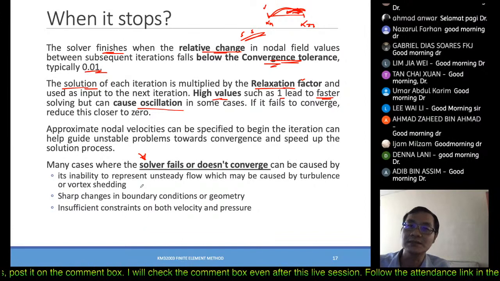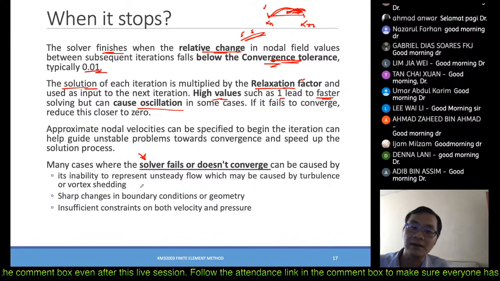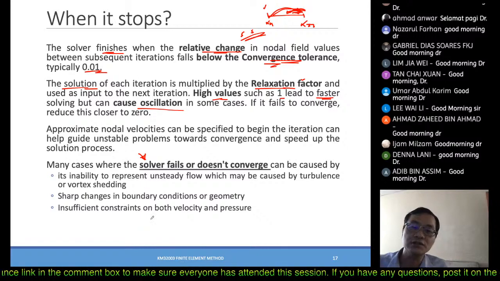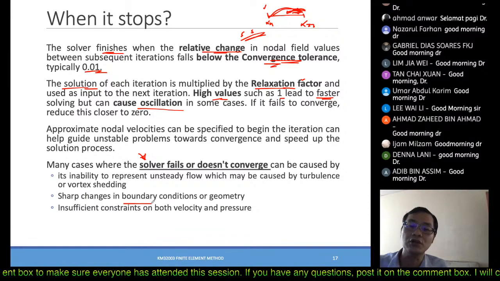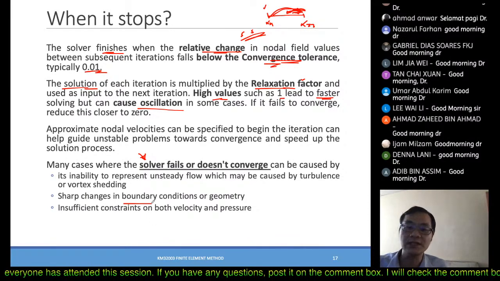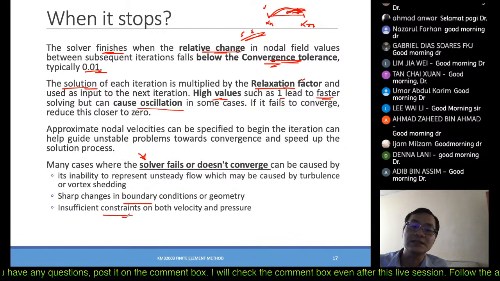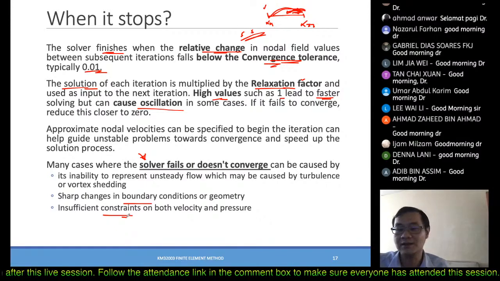As we mentioned, FEM is not good at solving turbulent flow, so it will stop in that case because of this convergence problem. Then also there are sharp changes in the boundary conditions or the geometry itself, and the last one is insufficient constraint. You don't provide enough parameters for it to actually solve it.